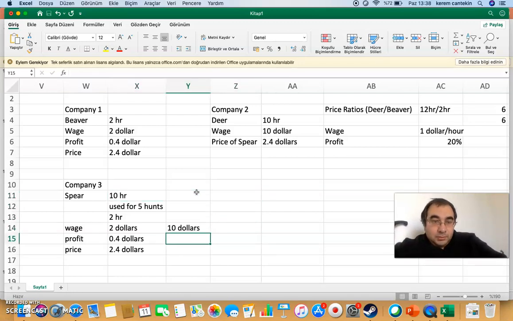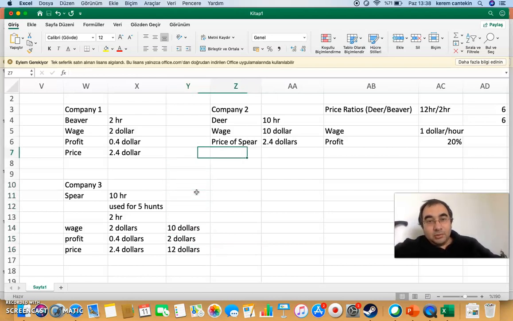The total profit is $12, so the price is $12. And if you divide this by 5, then you find 2.4, basically. So the company pays $12 for spear, but it uses this per hunt. So the price of spear per deer hunt is $2.4.